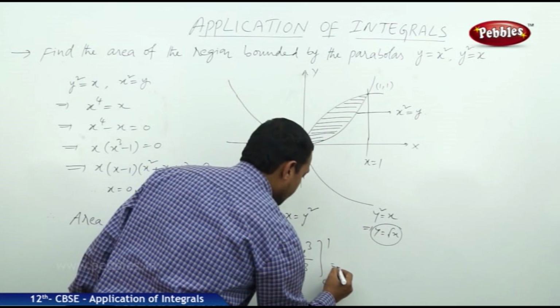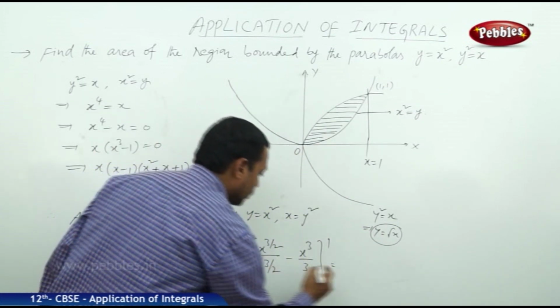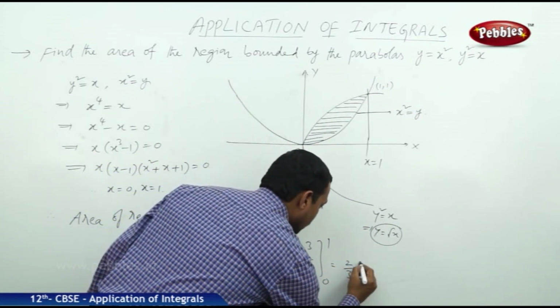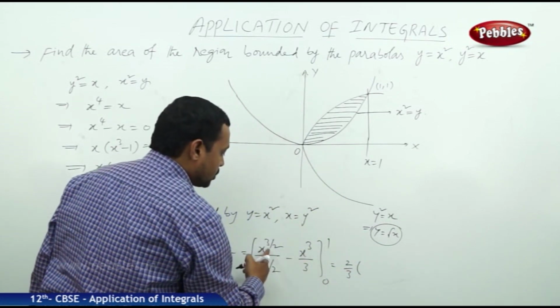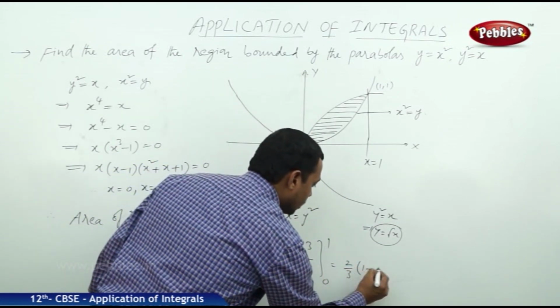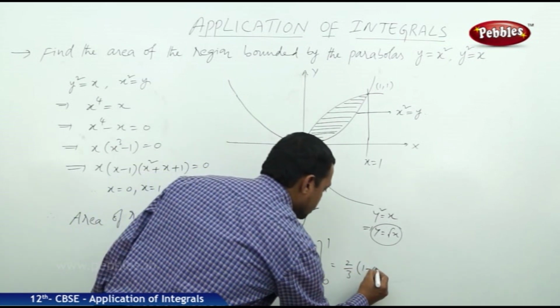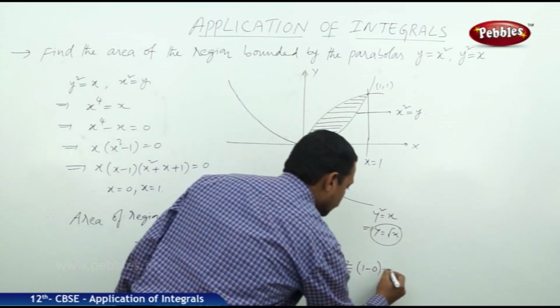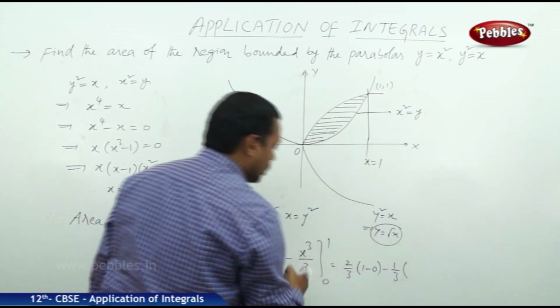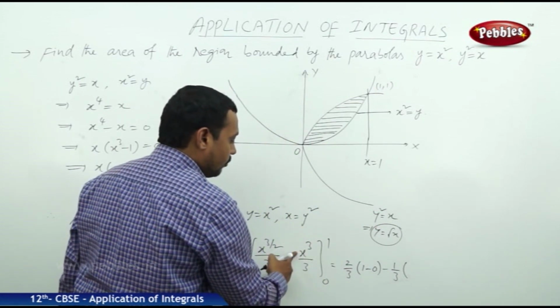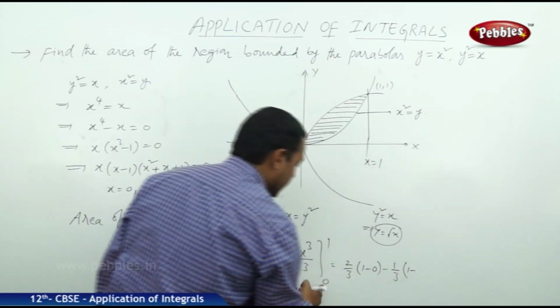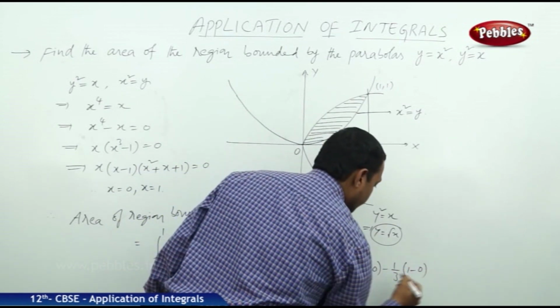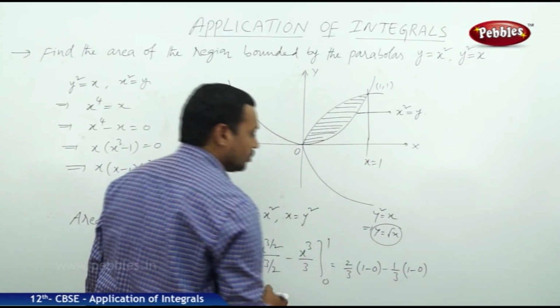That is 2 by 3 into (1 minus 0) minus 1 by 3 into (1 cube minus 0).